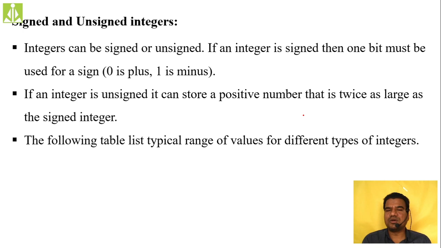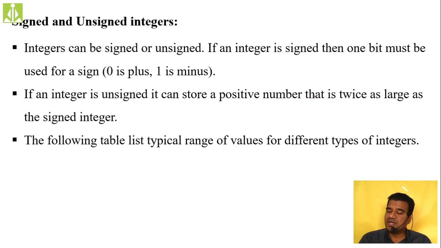If you want positive as well as negative, you have to go with signed. If you want only positive numbers, you have to go for unsigned. The concept is very simple. Integers can be signed as well as unsigned.